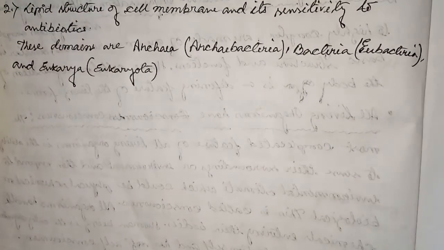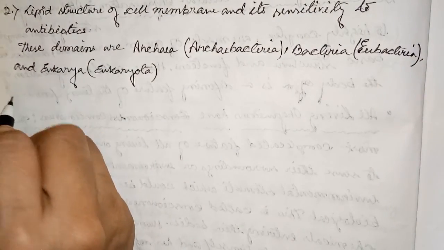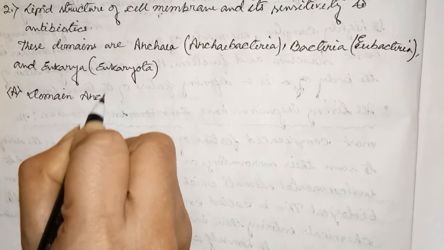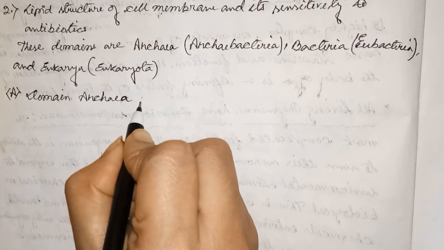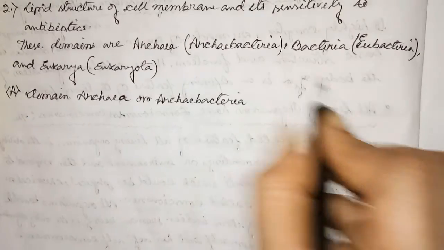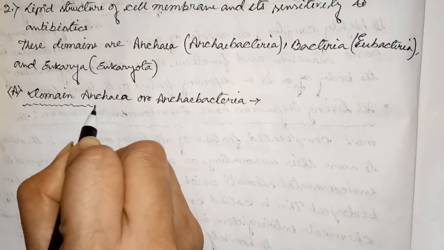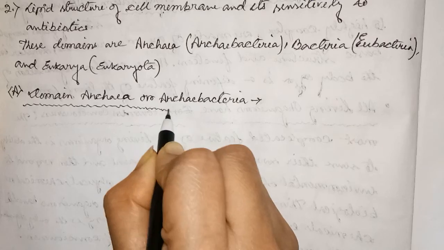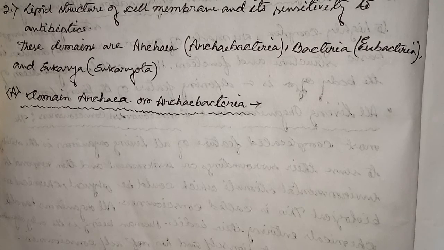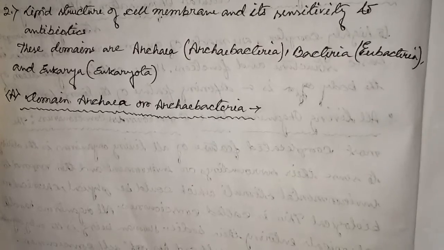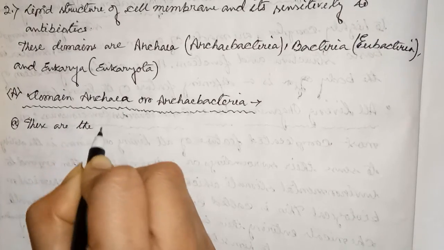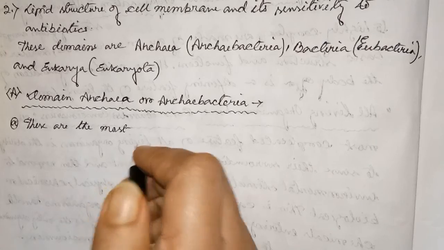So now start with archaea. Domain archaea or archaebacteria. These are the most primitive forms.